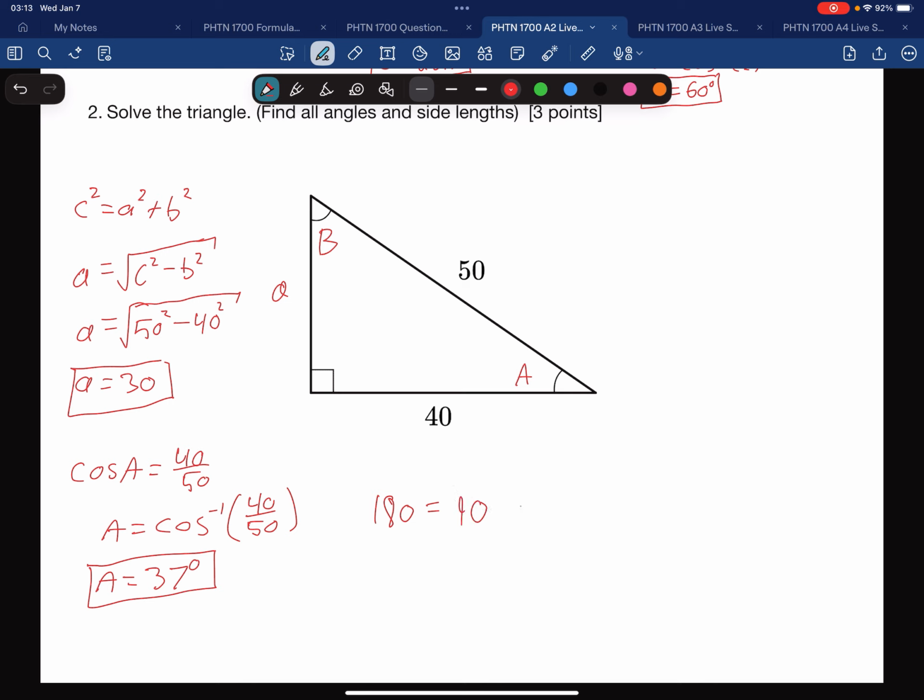So I have my 90-degree angle plus my 37-degree angle plus the angle B, which means that when I subtract 90 from both sides and when I subtract 37 from both sides, that means that my B has to be 53 degrees, of course. And there we go. That is the whole triangle solved.